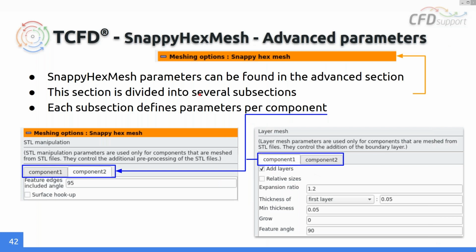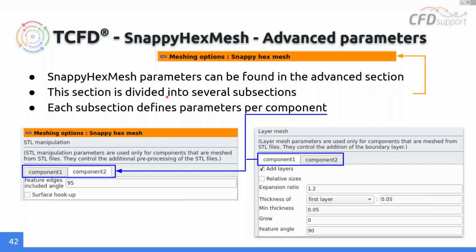Now let me quickly describe some advanced SnappyHexMesh parameters which can be set within the meshing options, SnappyHexMesh section in the TCFD GUI. These parameters can be found in the advanced section, so you have to enable the advanced section and then go to this section.